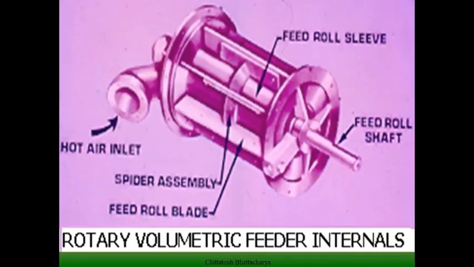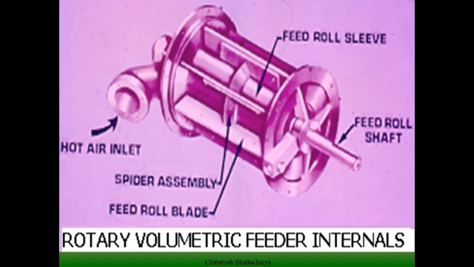Inside the rotary volumetric feeder, we have a feed roll assembly. In this feed roll assembly, the feeder is attached with a spider assembly and blades are there. So this is rotating over the main feed roll support barrel, and the shaft is coming from the inner side of the barrel, which is rotating this feed roll blade and spider assembly.